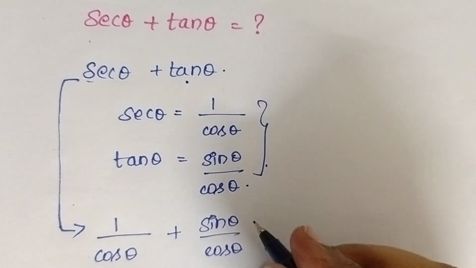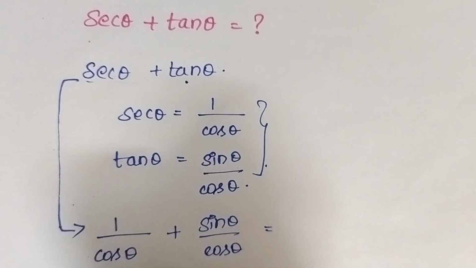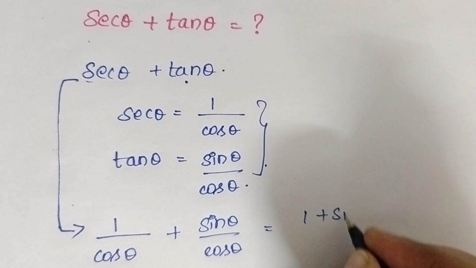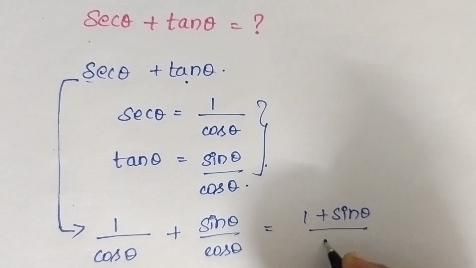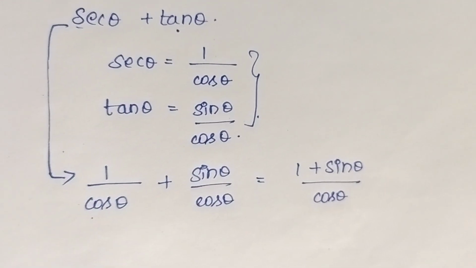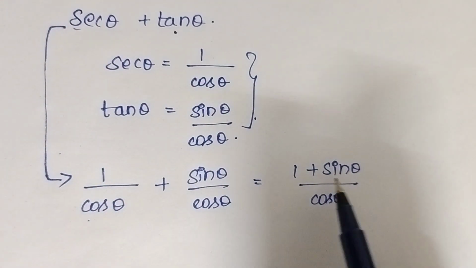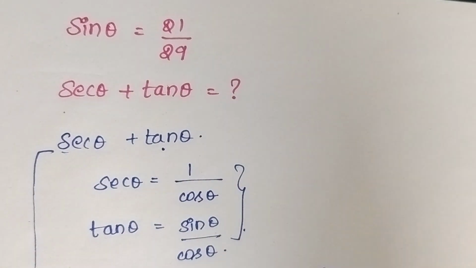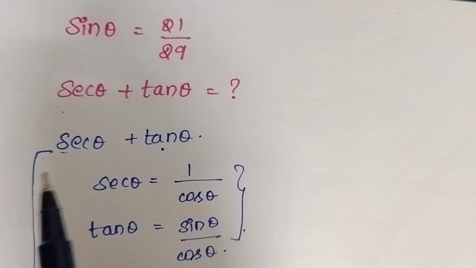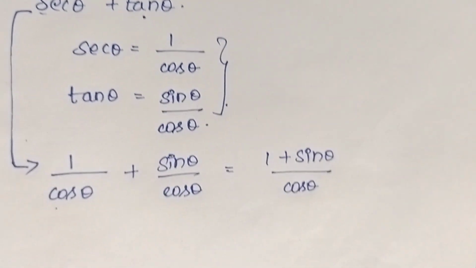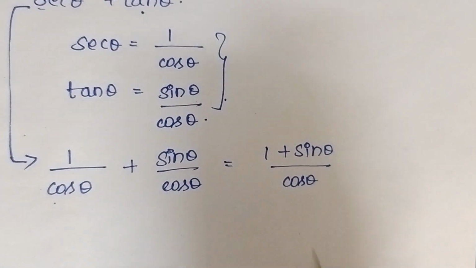Here the denominator is the same, so the numerators get added: 1 plus sin theta divided by cos theta. Because we know only the sin theta value, in order to make every term in sin theta, I am going to change this cos theta in terms of sin theta.